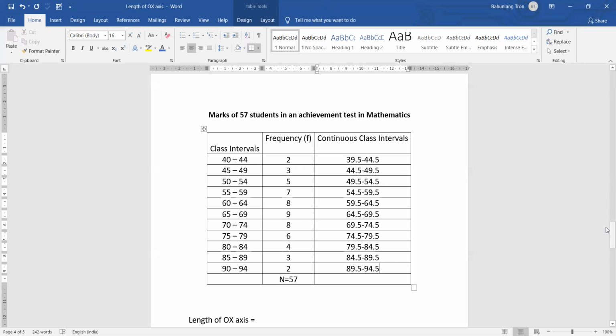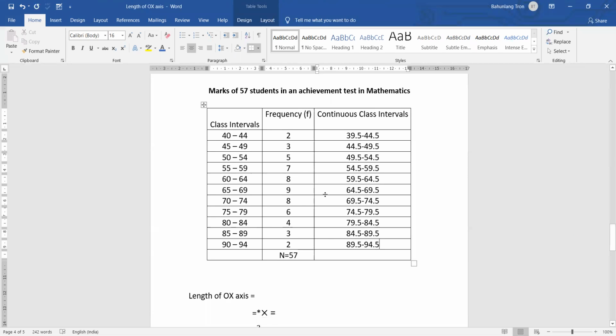Now, in the second step, we need to determine the length of the OX and OY axes. How do we do that? In order to get the length, we need to count the intervals. I will start right from this point: 1, so you have the first interval, second, third, fourth, fifth, sixth, 7, 8, 9, 10, 11. Since we need to include both scores, I have to go till this last score.